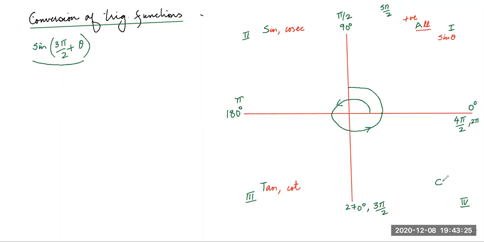Rest all are negative. And in the fourth quadrant, after school to college, so from C, what do we mean? Not cot. Cot is negative in this. Cot and tan are positive in the third quadrant only. So this C is not for cot, this is for cos.